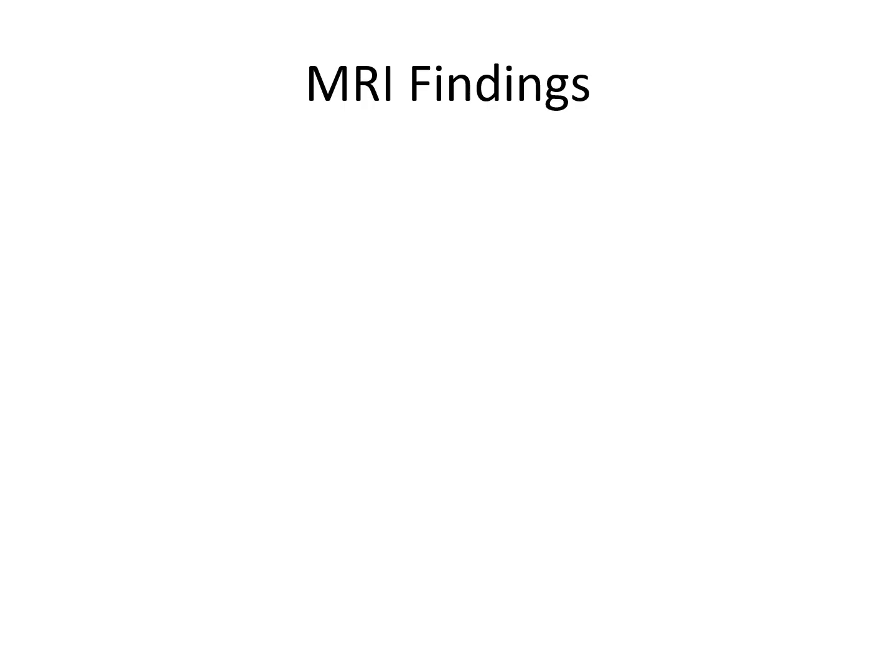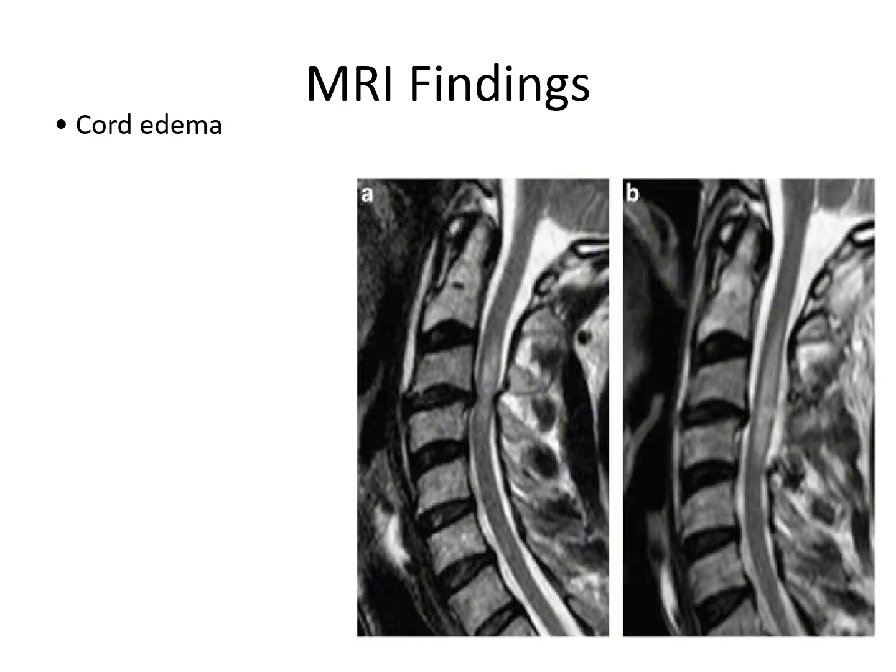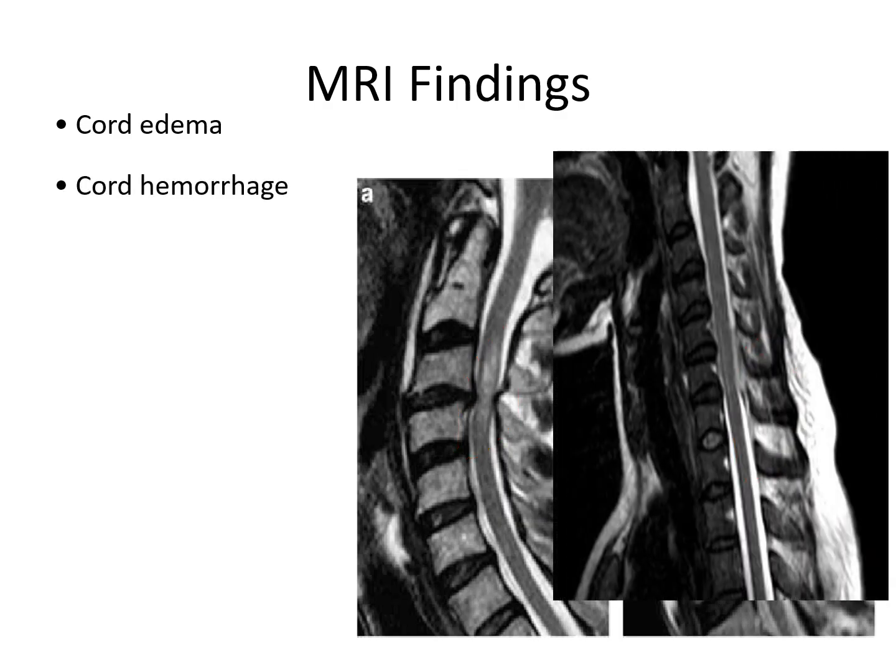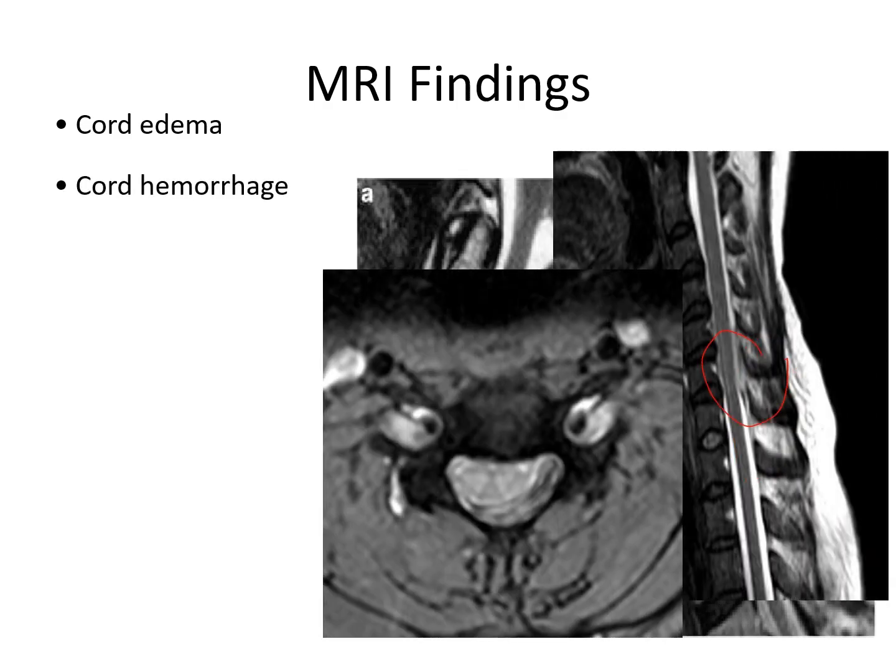MRI findings in spine injury. Cord edema: we can see here a T2 hyperintensity in the cervical cord. This is the cord edema. Cord hemorrhage: this is the hemorrhage, seen on the SWI or T2 gradient image. This is hemorrhage within the spinal cord.